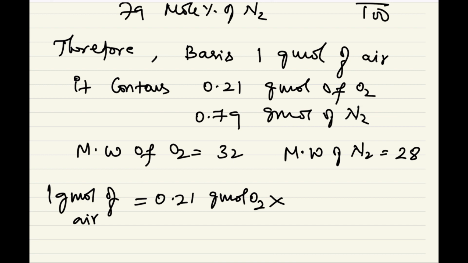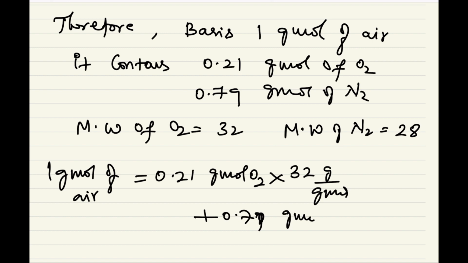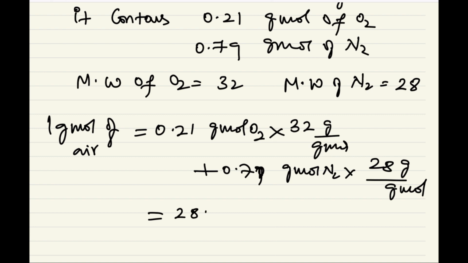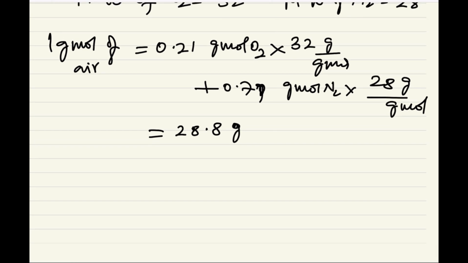So 0.21 multiplied by 32 gram per gram mole plus 0.79 gram mole multiplied by 28 gram per gram mole of nitrogen. If you do the calculation, you end up getting 28.8 gram, which is the average molecular weight. For mixtures, the average molecular weight can be calculated as sigma xi into molecular weight.